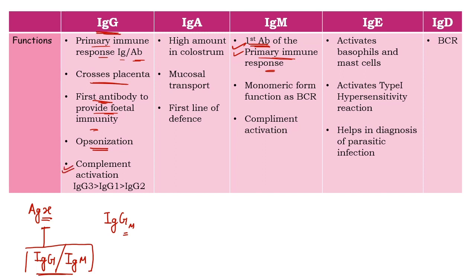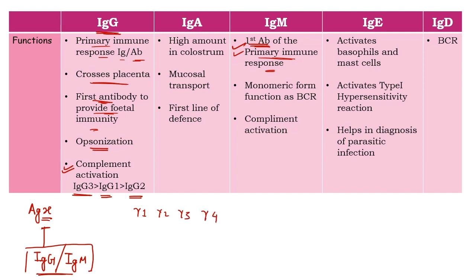Also, the affinity of different IgG subclasses for complement activation is different. For example, IgG3 has the highest complement activation property, then IgG1 and then IgG2. We know that the gamma heavy chain class has been divided into 4 subclasses, that is gamma 1, gamma 2, gamma 3 and gamma 4.